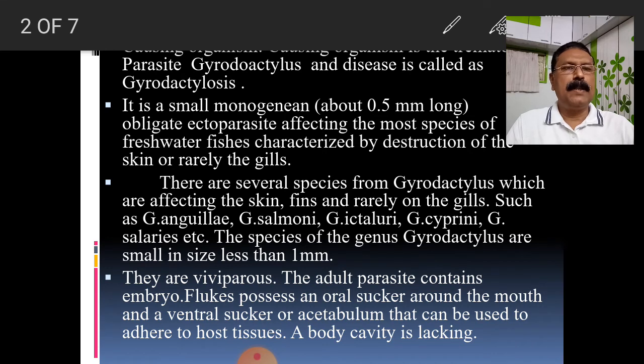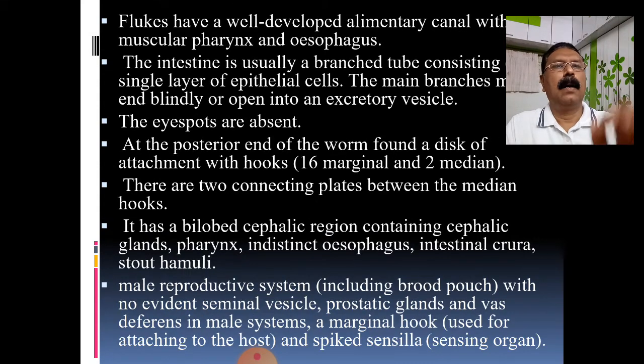An embryo is developed inside the mature parasite, and in this Gyrodactylus, there is a mature embryo, and inside that embryo there is also another embryo. That means one parasite has one embryo, and that is one mature embryo.